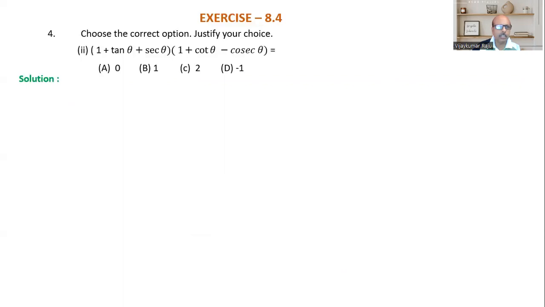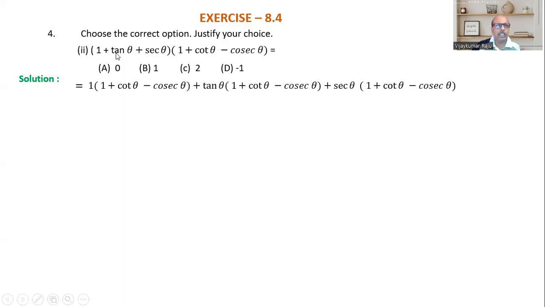And let's go to the second bit here. 1 plus tan theta plus sec theta, first bracket. Second bracket has got 1 plus cot minus cosec. The 4 options given are 0, 1, 2 and minus 1. Now let's see what works out. First let us multiply these two. 1 into the full second bracket, plus tan into the second bracket, plus sec into the second bracket.